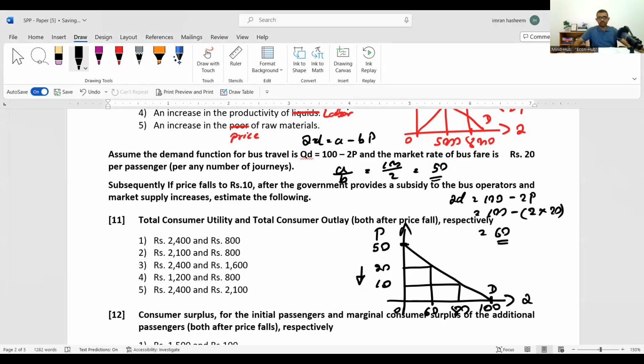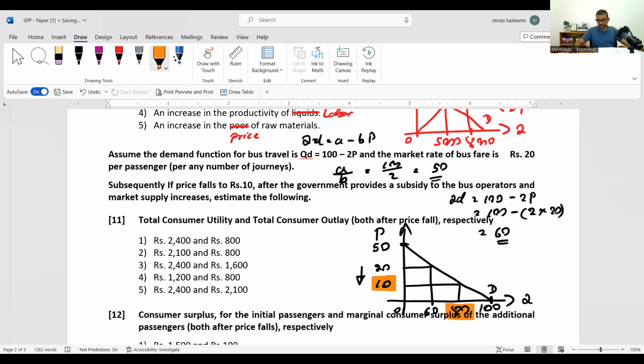What is the requirement? Total consumer utility. Total consumer utility is the area below the demand curve up to the quantity bought. The quantity bought now is 80 at the price of 10.